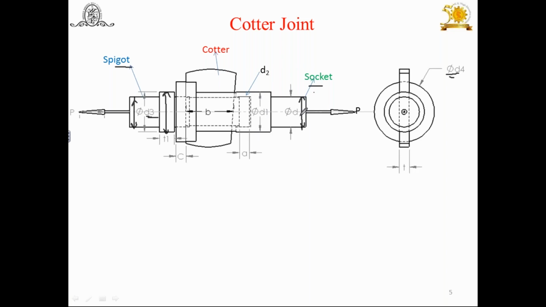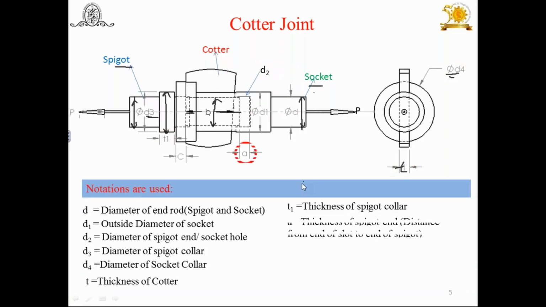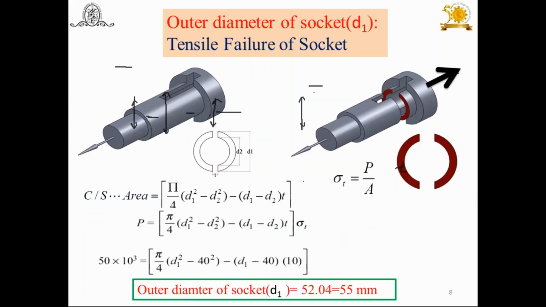D1 is the enlarged portion, or the outer diameter of the socket. Similarly, D2 is the outer diameter of the spigot or inside diameter of the socket. The mean width of the quarter is denoted by B, and the thickness of the quarter by T. You should know all this nomenclature, because we are going to use the expressions according to this nomenclature.